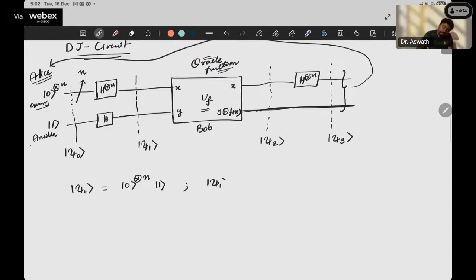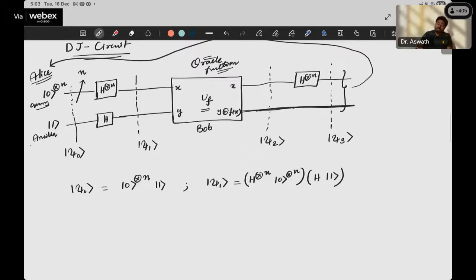Psi 1 is a set of n Hadamards acting on the n qubits that are in 0, and 1 Hadamard acting on the 1 qubit. There may be a tensor product in between, but I am not writing it. You can think that it is there by default. This is psi 1 for you.